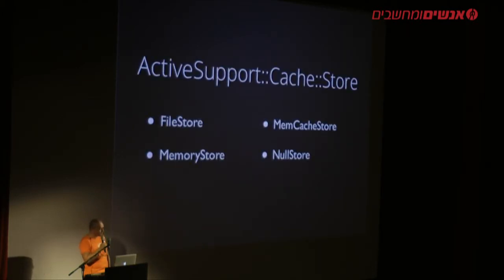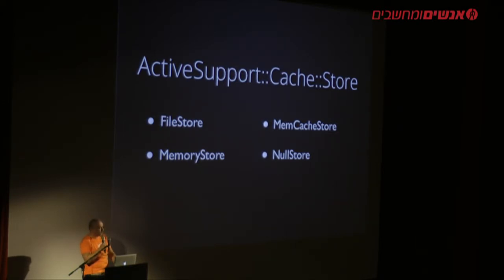When you store something in a cache, where does it go? It depends on what cache store you use. Rails has several cache stores available: file store, memcache store, memory store, null store. Now, file store is the default. It will store every key as a file in the file system inside the tmp directory.